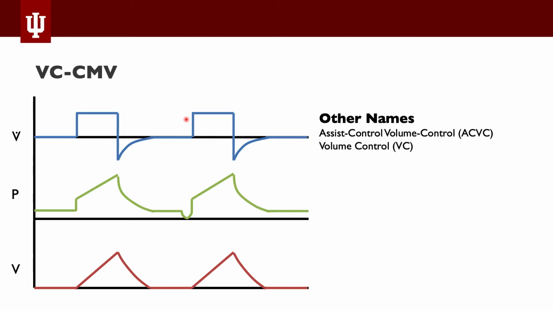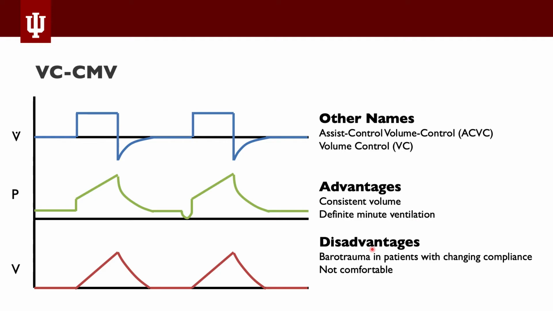Other names that you're going to see are assist control, volume control, or you may just see this called volume control. There are some advantages in that you have a consistent volume that's always being given to the patient for every breath, and you have a definite minimum minute ventilation. So you know that you're going to have a minimum of a certain number of liters per minute that the patient is getting.